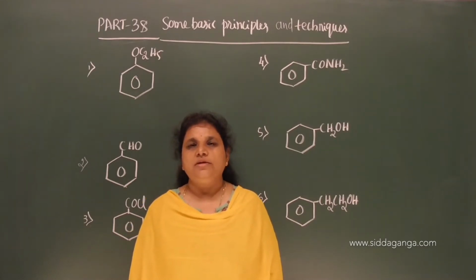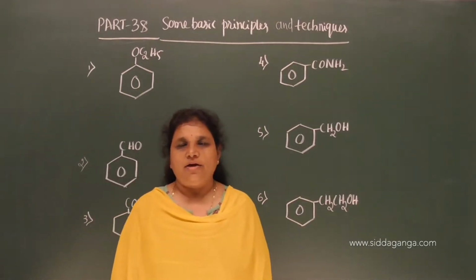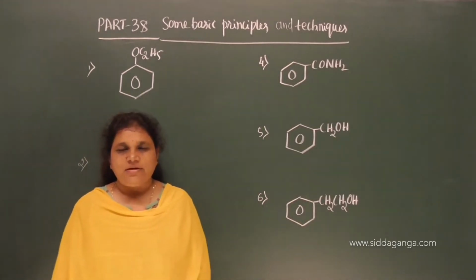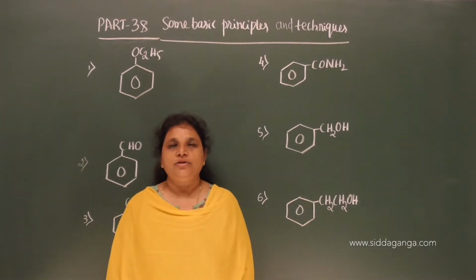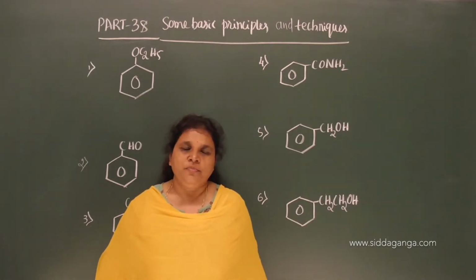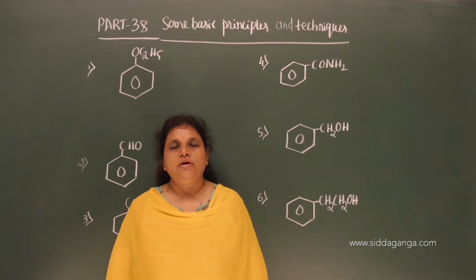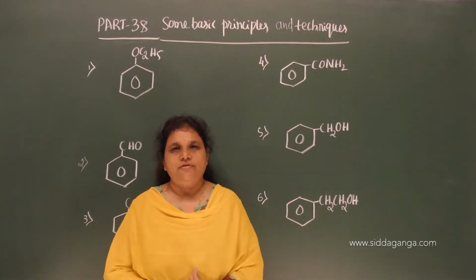And if we move on to the naming of polysubstituted benzene, again we have to follow the priority table if more than one functional group is present, and we need to use the prefixes for the secondary functional group. On the basis of the priority table, we consider one of the functional groups as the principal functional group.